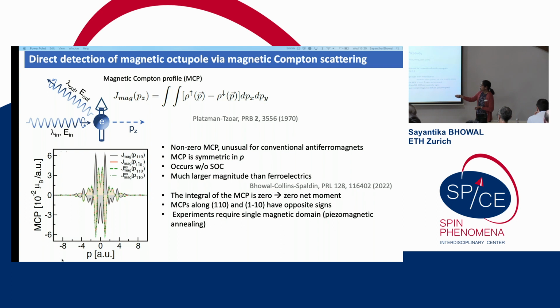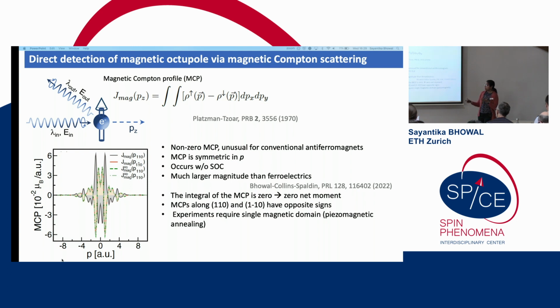Now here I want to point out that the integral of this magnetic Compton profile actually gives us the net magnetic moment in the unit cell. And here we find that this integral is 0, which is expected because the system doesn't have any net magnetization. Now it also switches sign if we go along the 1, 1, 0 and 1, minus 1, 0 direction, as we can see from the plots also.